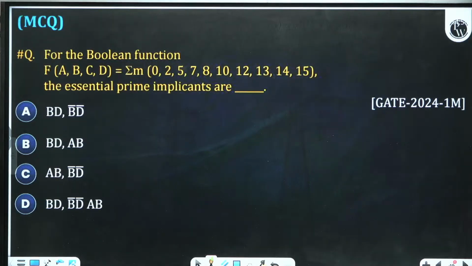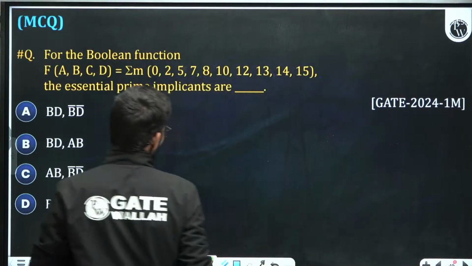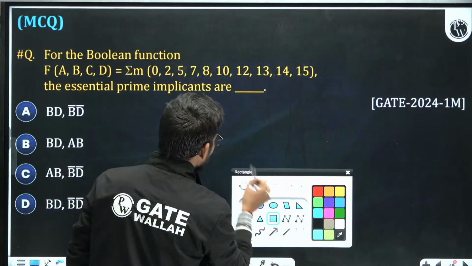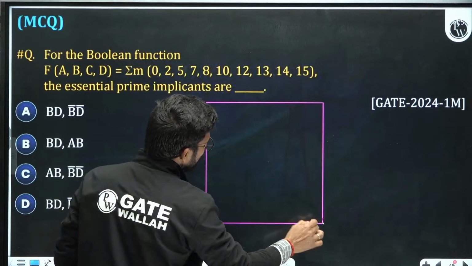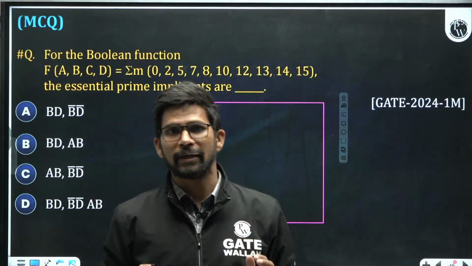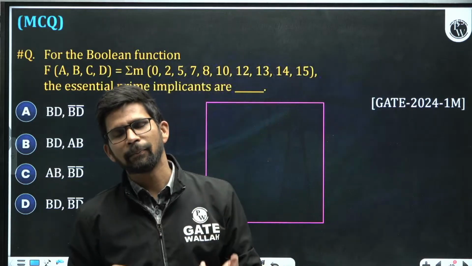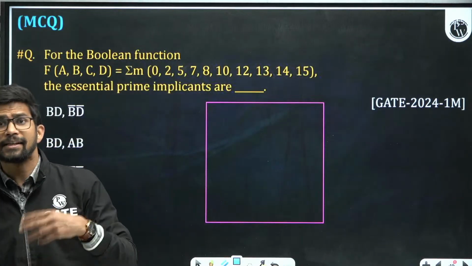Come on, tell me the answer. Now they have asked you to find out the essential prime implicants. So for finding out the essential prime implicants, you need to find out all the prime implicants, and then you need to check whether a given prime implicant which you have formed is essential or not.